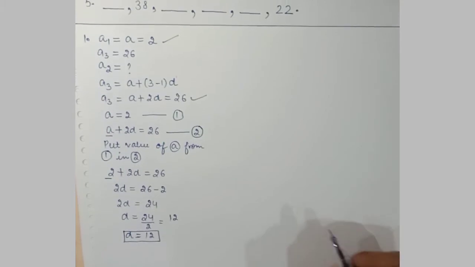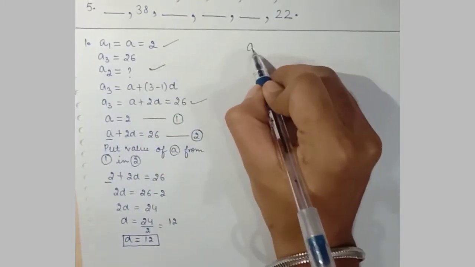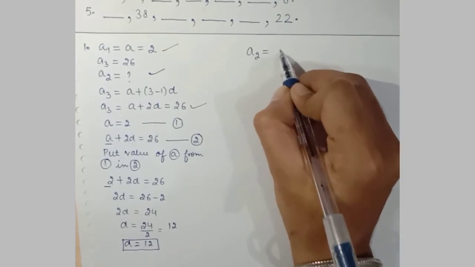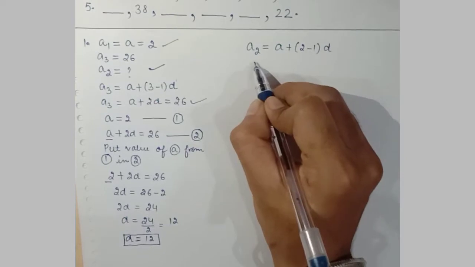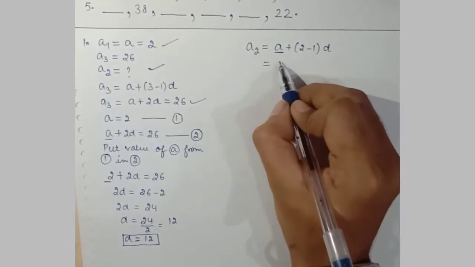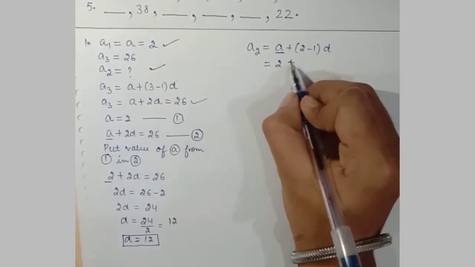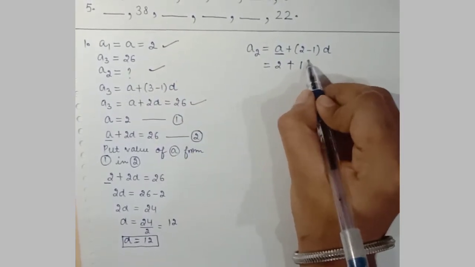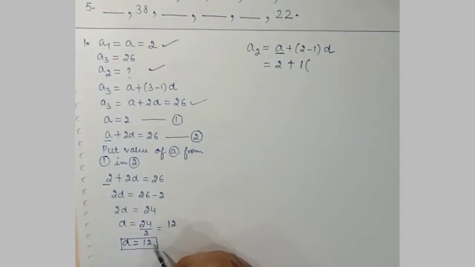Now we have to find the second term. The second term is a plus 2 minus 1 d. The value of a is 2 from the first equation, 2 minus 1 is 1, and the value of d is 12.